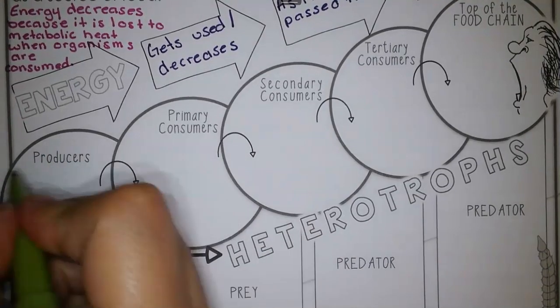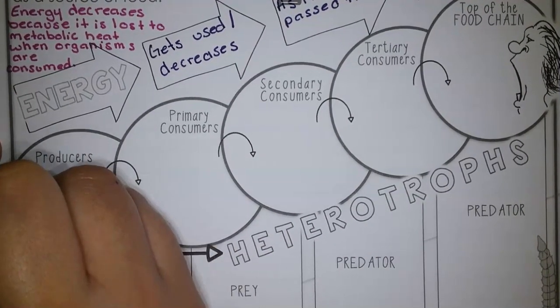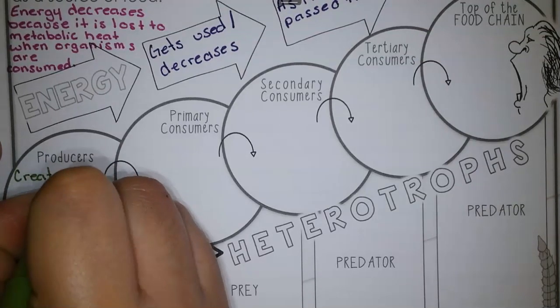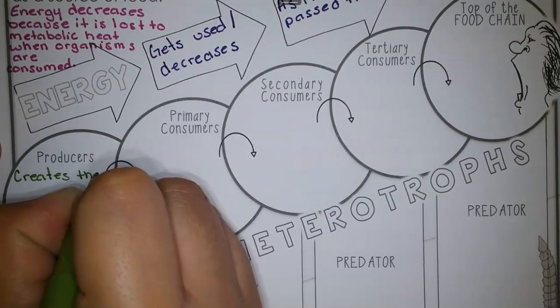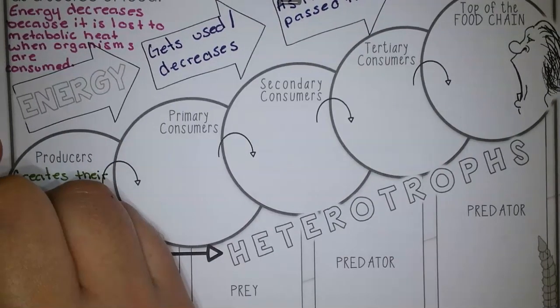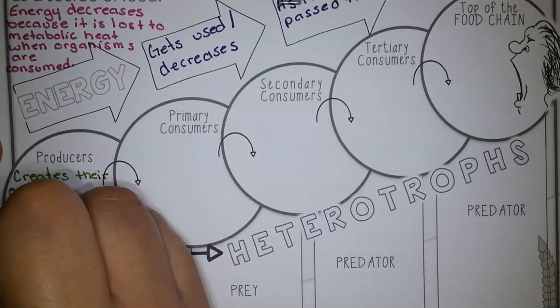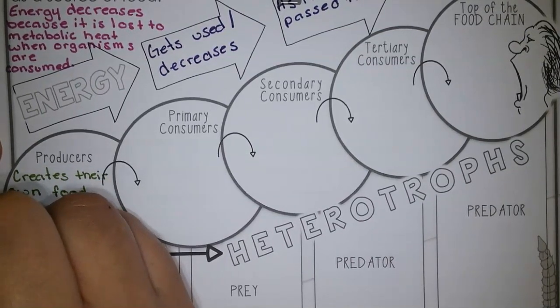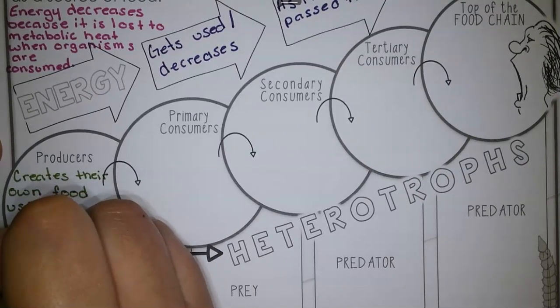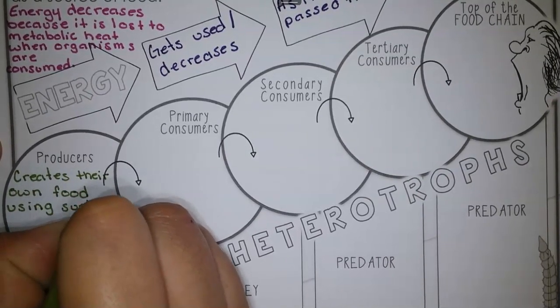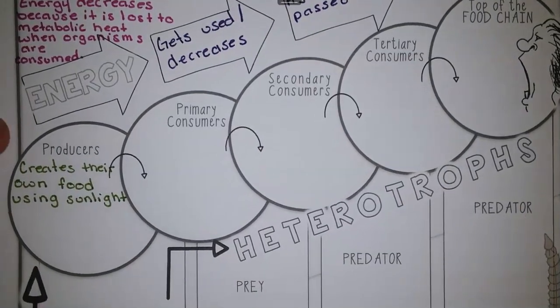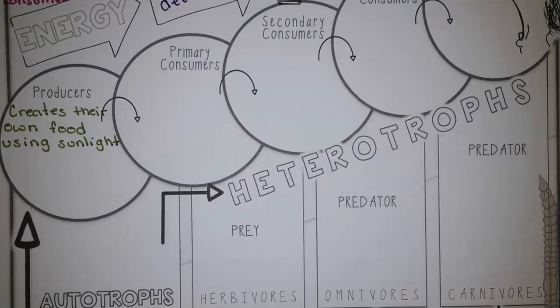So a producer creates their own food using sunlight. That is your producer.